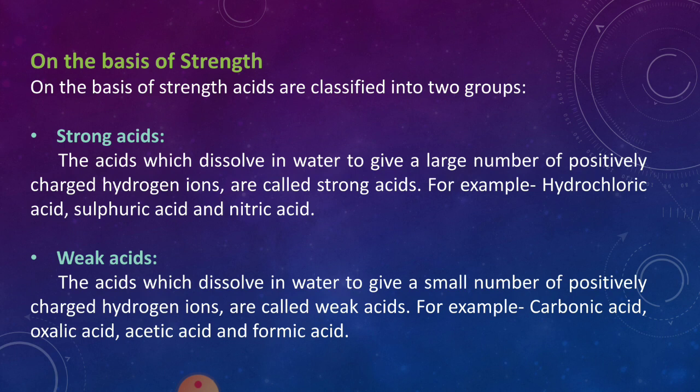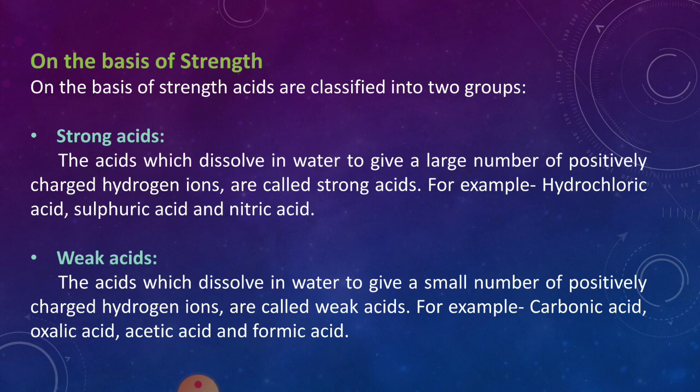As HCl, hydrochloric acid: when we dissolve HCl in water, it will readily dissolve and form H plus and Cl minus. Then when we dissolve sulfuric acid, it will form 2H plus ions and SO4 minus 2 ions. Why they produce plus ion and minus ion, you will study in higher classes.